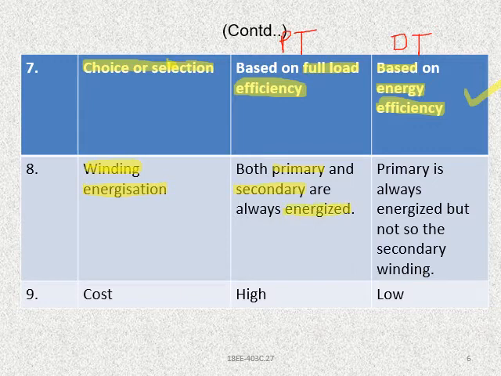But in a distribution transformer, the primary is always energized, but not so the secondary winding, because the load is connected to the secondary, and sometimes the load may be connected or disconnected.